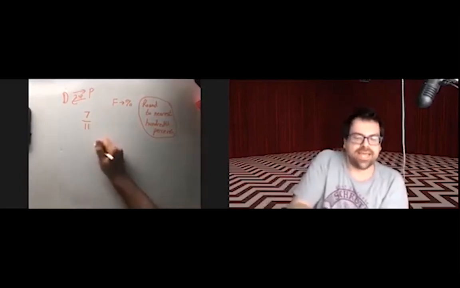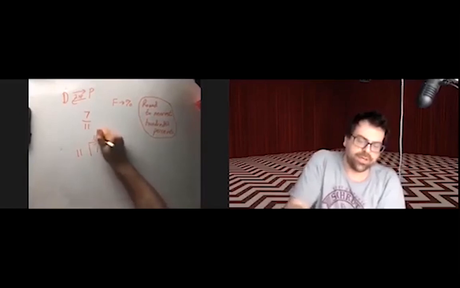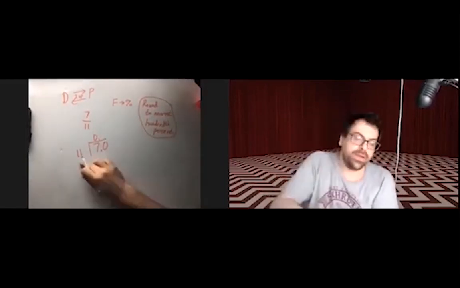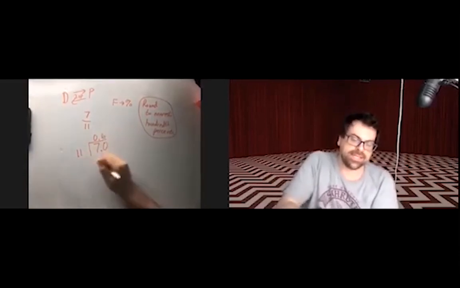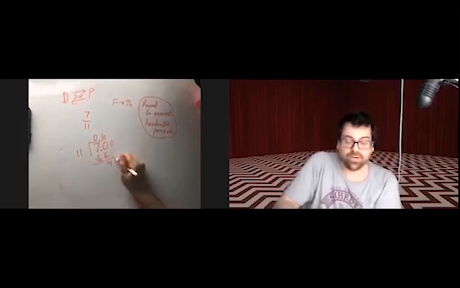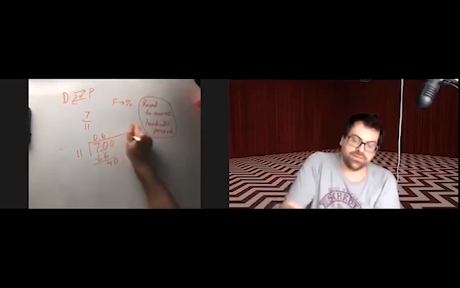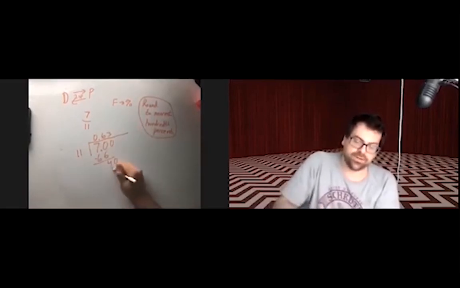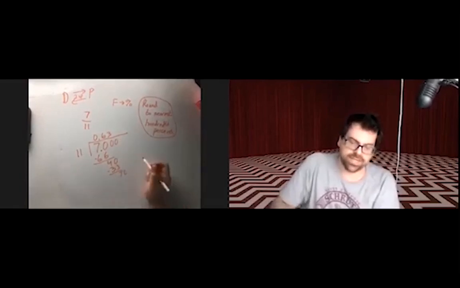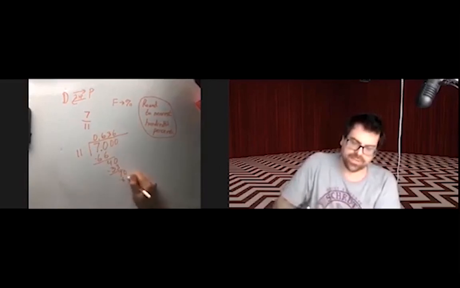When we divide this out, 7 divided by 11 doesn't go in. Bring the decimal point up when we give ourselves a 0.0. 11 goes into 76 times. We get 66. We subtract. We get 4. Get a 0. Bring it down. 11 goes into 43 times. 33. Subtract. 0. Bring it down. 6 times. 66.